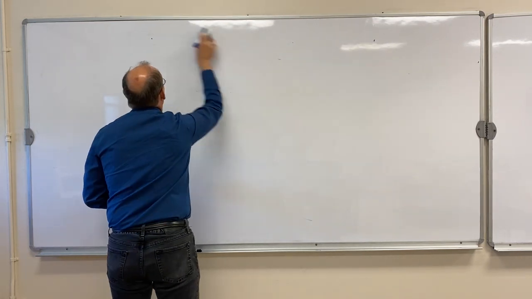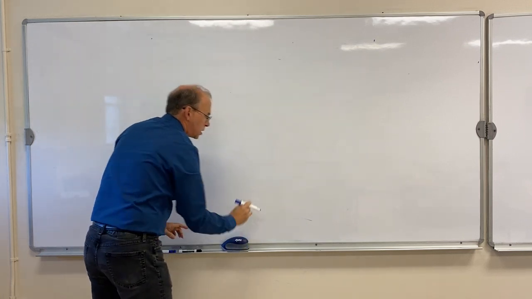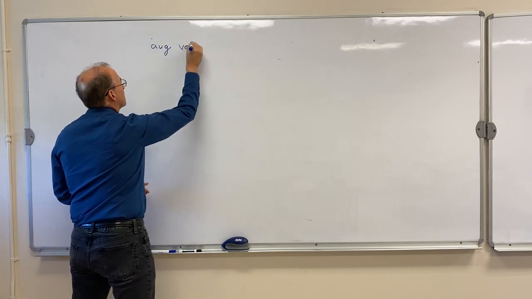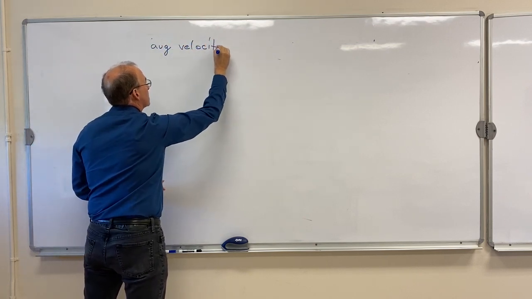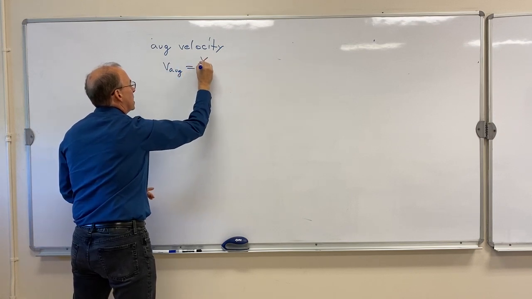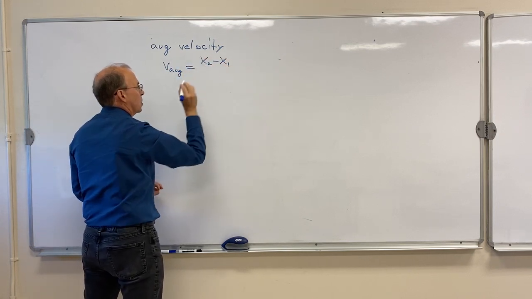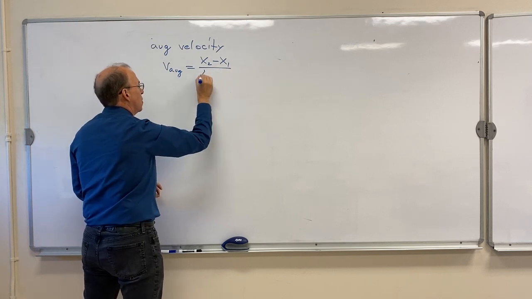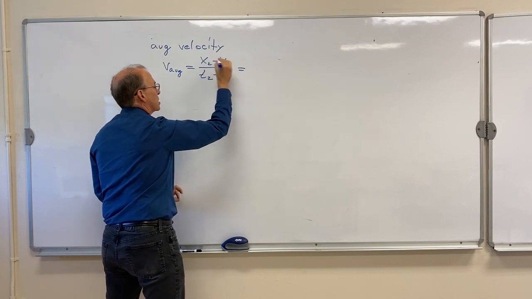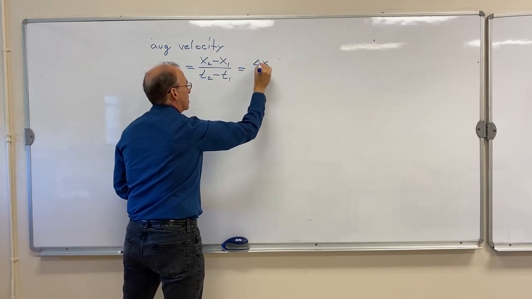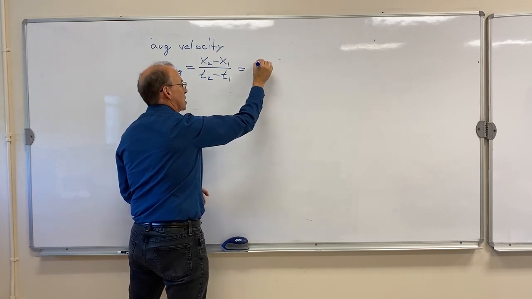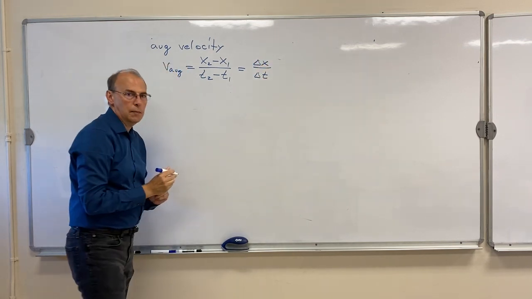Okay. Velocity, or more strictly at the moment, average velocity. So V average is x2 minus x1, that's displacement, over t2 minus t1, or we could write that x2 minus x1 as delta x, t2 minus t1 as delta t, change in position over change in time.